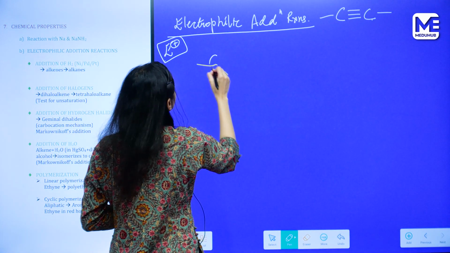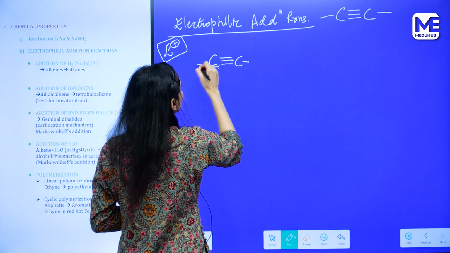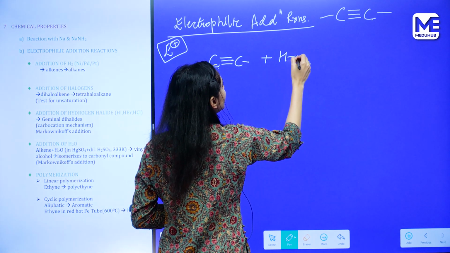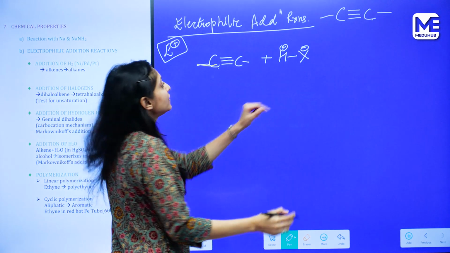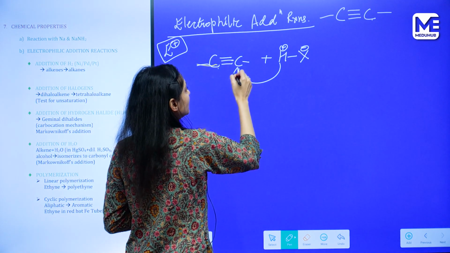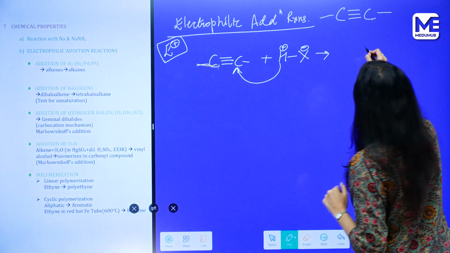So what happens? Let's say we have H-X here, positive, negative. In the first step, this gets added on and we get a carbocation.